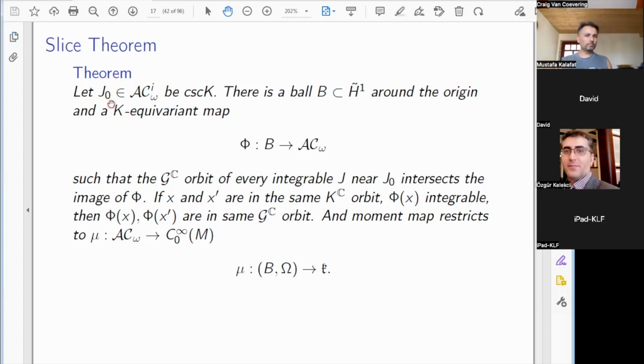So I guess the isometry group, in other words. Then we can prove that there's a ball in the harmonic space of the deformation complex and a K-equivariant map such that the orbit of the complexified Hamiltonian group of every nearby integrable almost complex structure intersects this slice.